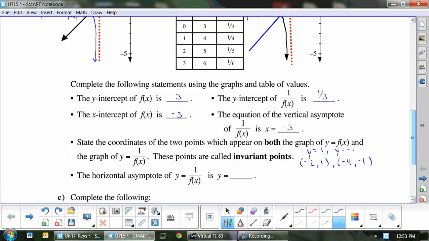These points we call invariant points, because they don't change. And then the horizontal asymptote is y equals 0. So the horizontal asymptote is found at 0, and the vertical asymptote is found where your x-intercepts are.